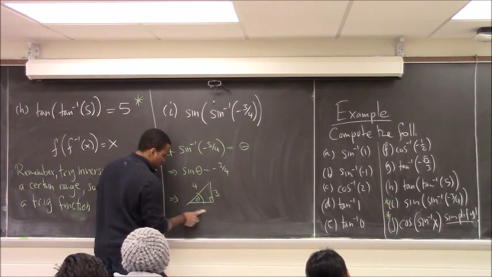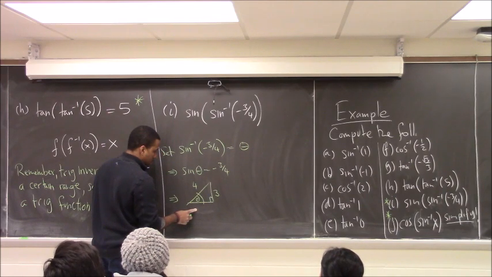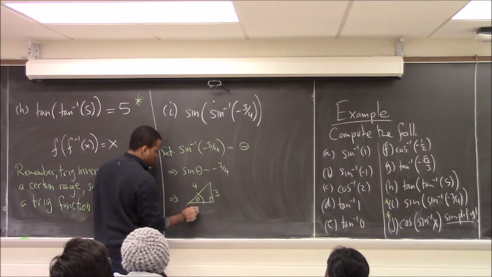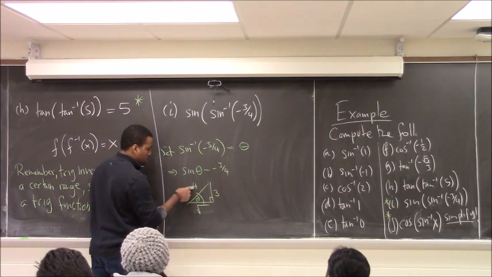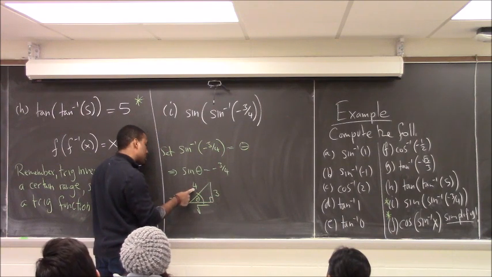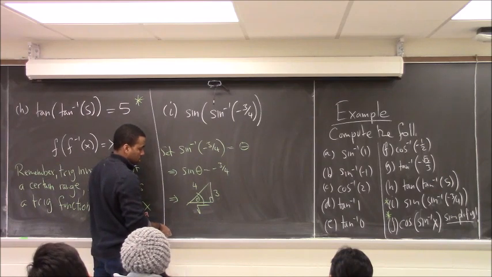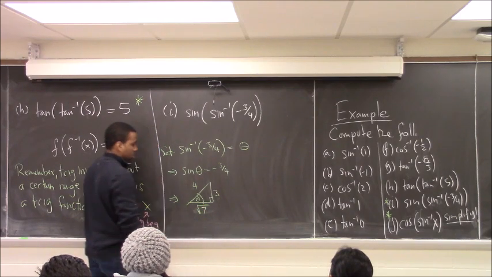This side would be what? Pythagoras' theorem. So it's going to be the square root of this squared minus that squared, so that's 4 squared, which is 16, minus 3 squared, which is 9. 16 minus 9? It's radical 7.